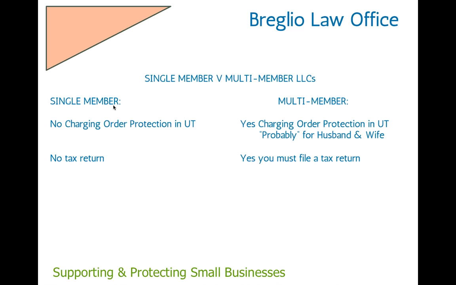And LLCs are considered pretty much under the same rules as partnership law. It's actually part of the same Partnership Act. But because a single member LLC is just one person, there's no innocent partner to protect, and therefore single member LLCs do not get this charging order protection.